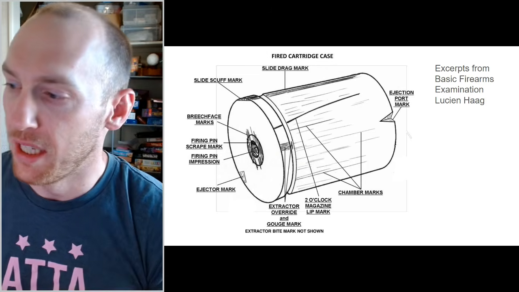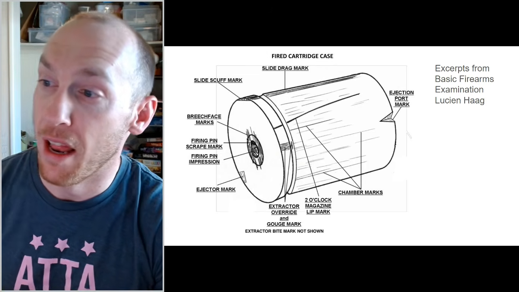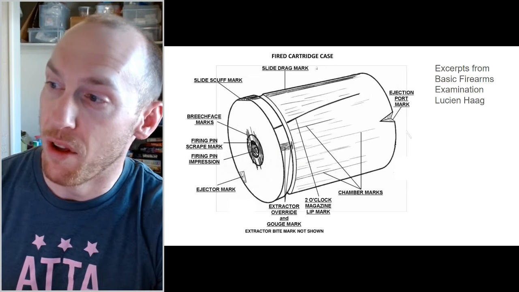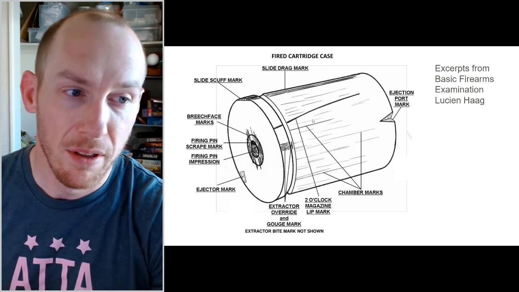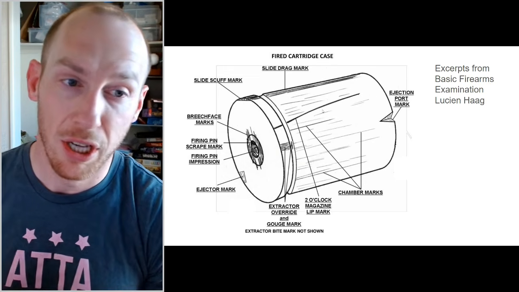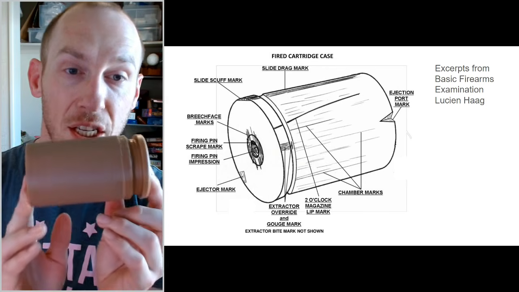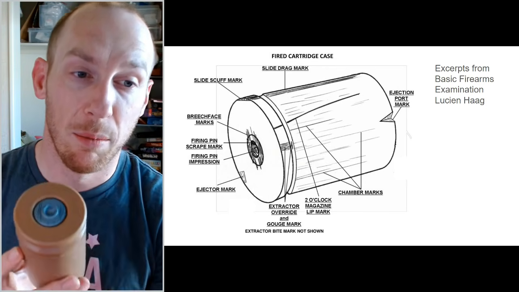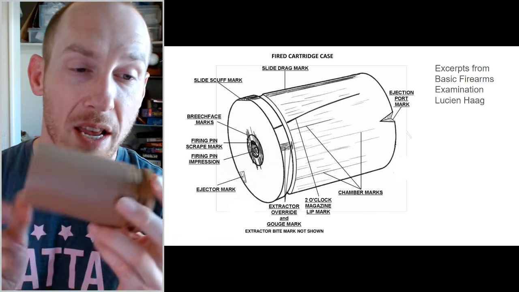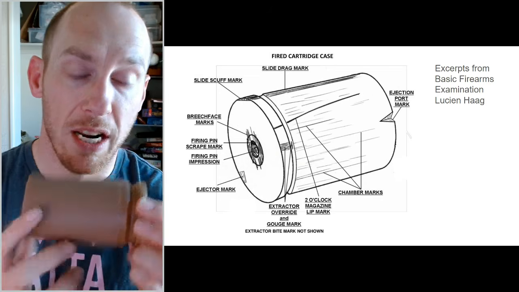Looking at the slide over here, notice you have a lot of marks on the side of the fired cartridge case, which, again, is this component here that's been ejected from generally some kind of semi-automatic firearm. All these marks are going to be on the case wall, which is this long part here.